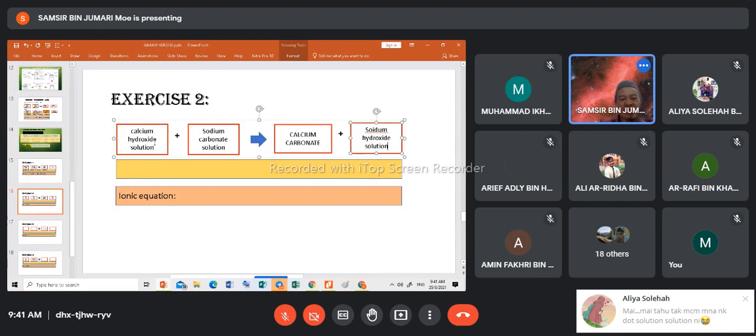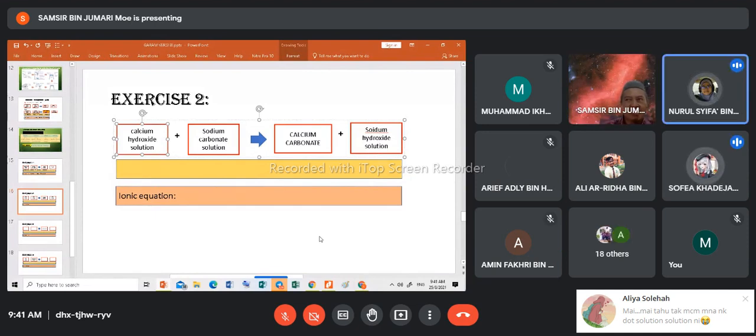Okay, selain daripada calcium hydroxide ini, apa yang ada dalam kalsium, banyak lagi larutan kan. Selain daripadanya, apa contoh lain? Calcium nitrate. Calcium nitrate, yes. Other than calcium nitrate? Calcium chloride boleh ke teacher? Yes, calcium chloride solution. That's good, right?